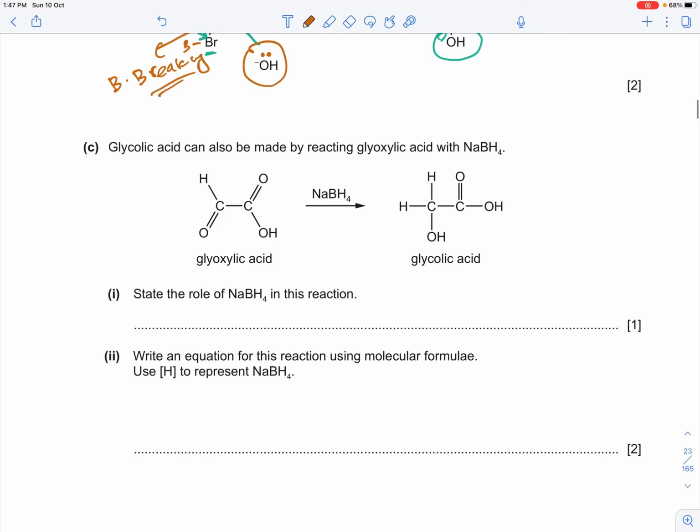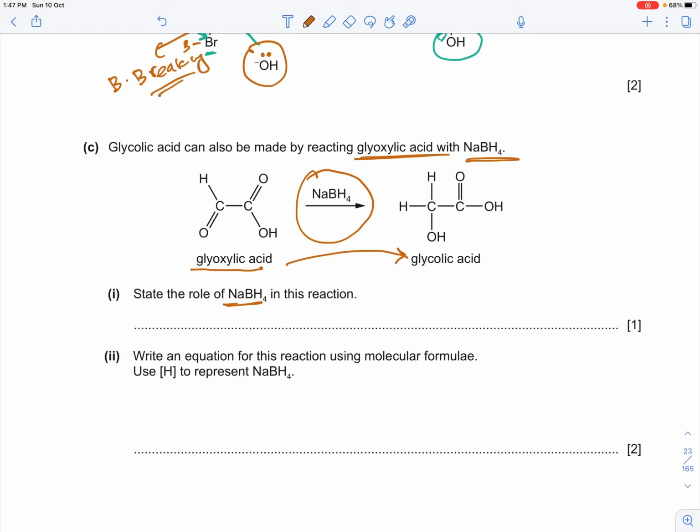Next part is glycolic acid can also be made by reacting glyoxylic acid with NaBH4. So this is glyoxylic acid, and they're saying that glyoxylic acid can be converted into glycolic acid when we react glyoxylic acid with NaBH4. State the role of NaBH4 in this reaction.